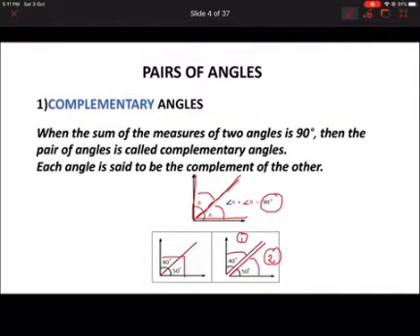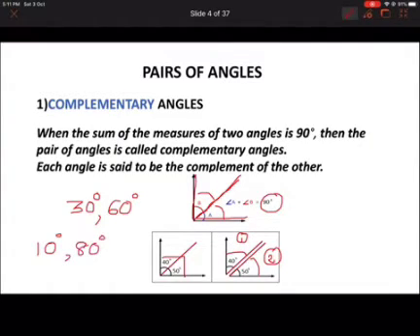What do you think is the complement of 30 degrees? Yes, children, it is 60 degrees. So if 30 degrees is the measure of one angle, then its complement will be 60 degrees. What about 10 degrees? What is the complementary pair of 10 degrees? It is clearly 80 degrees, is it not?